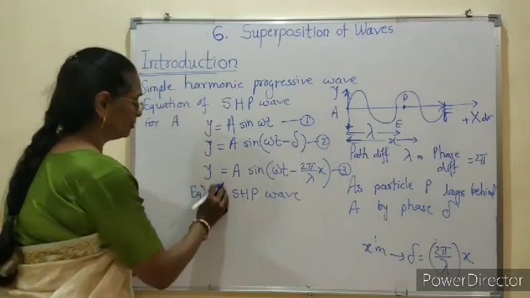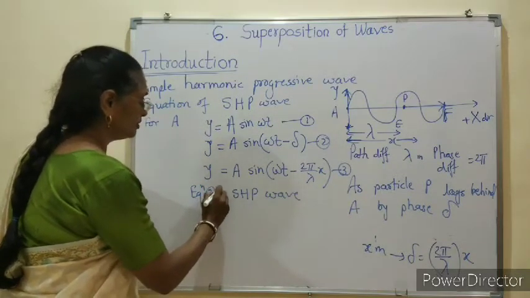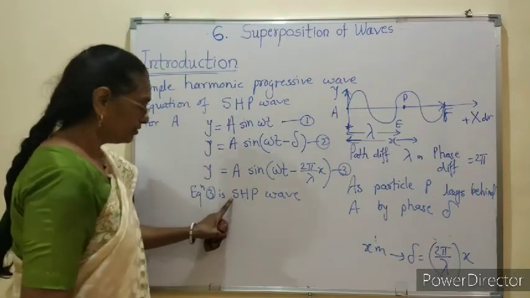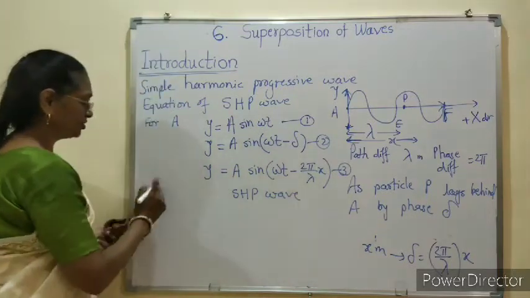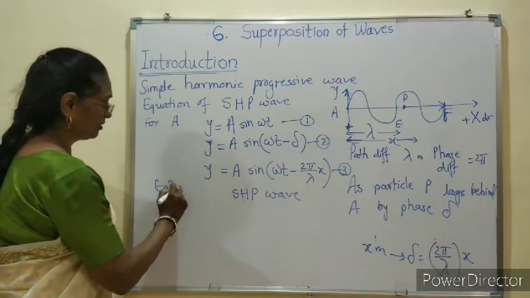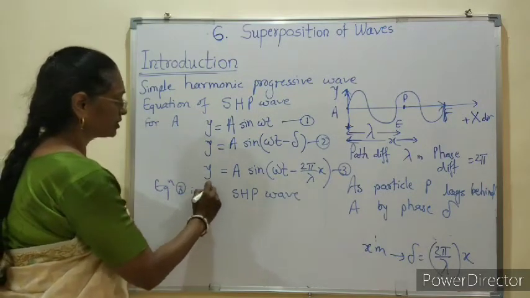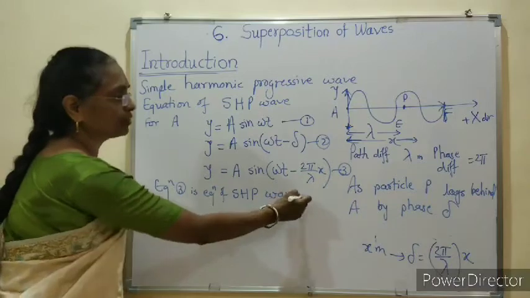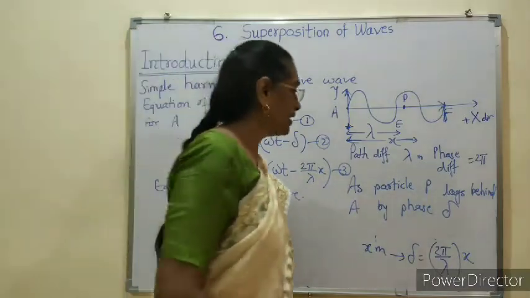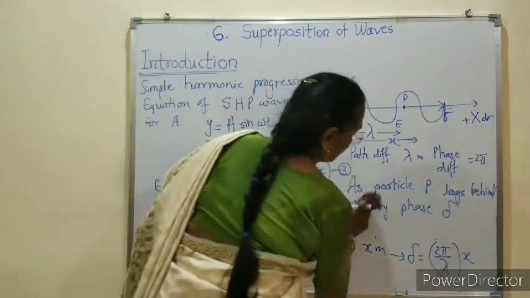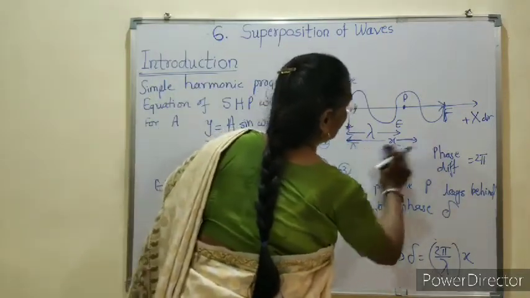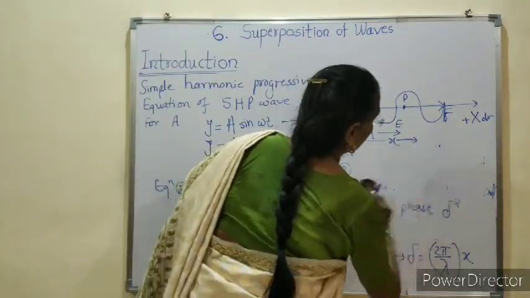Equation 3 is the equation of simple harmonic progressive wave.